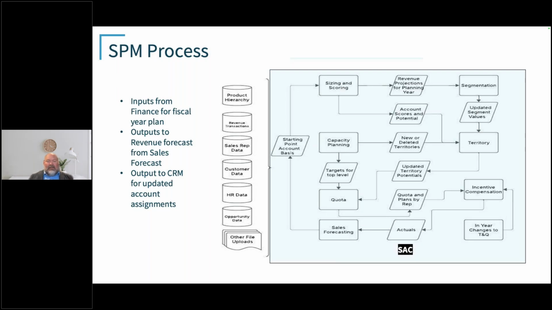The other way to think about it is, if I'm a hunter, if I have all new accounts, I have no history with the accounts, I have to go get every one of my opportunities, then what kind of quota am I going to set for them? Usually that's a look at historicals, like what they did last year and what we can get more of this year.